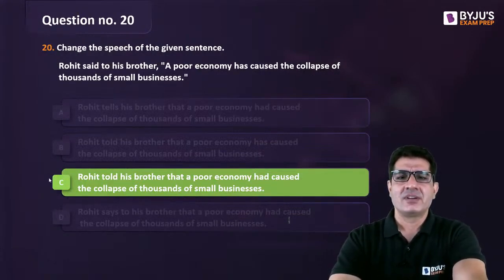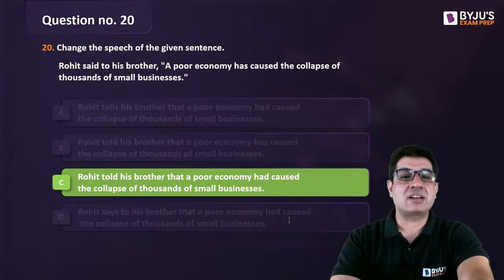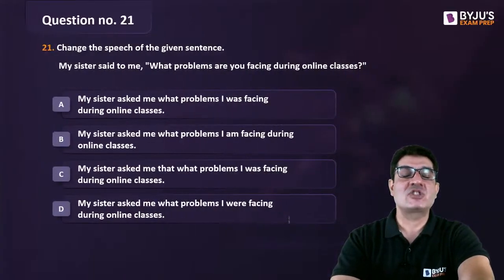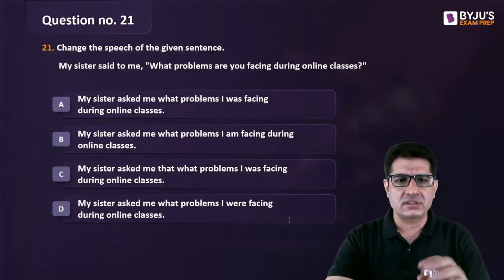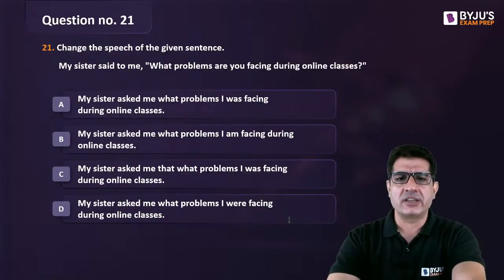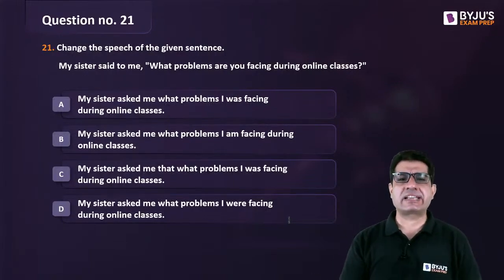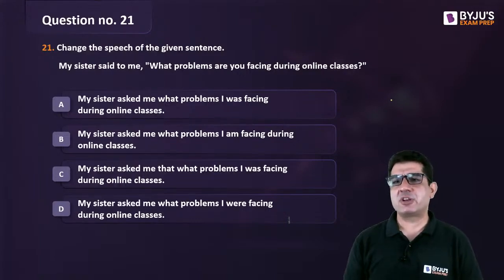Okay, so I don't think there is much to it really, right? Let us go ahead and look at our next question that tests your understanding of change the speech. So another one of those direct and indirect speech questions. My sister said to me, what problems are you facing during online classes?